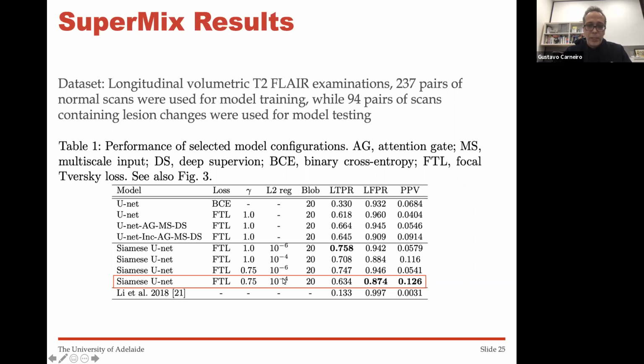What you see here highlighted, the Siamese UNet, is the result from our system in terms of true positive and false positive. And in all cases, we are getting better results than the current state-of-the-art. But this is a system that runs on several systems to detect things similar to lesion changes in this type of images.